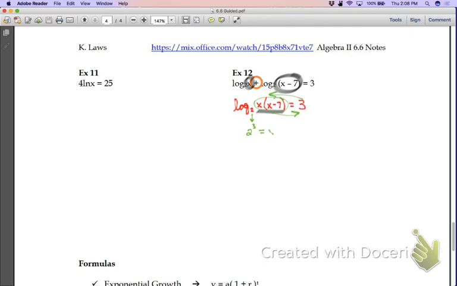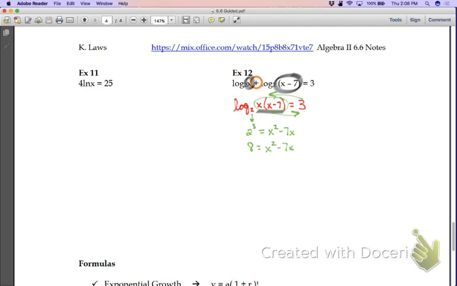If you leave it as x times x minus 7, you're going to have to multiply it at some point, so it's really up to you when you multiply it and how many steps you want to show. So 2 to the 3rd is 8, so I have 8 equal to x squared minus 7x.